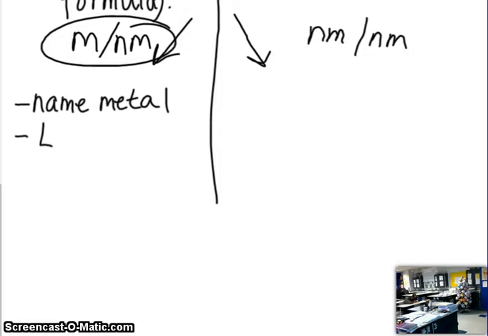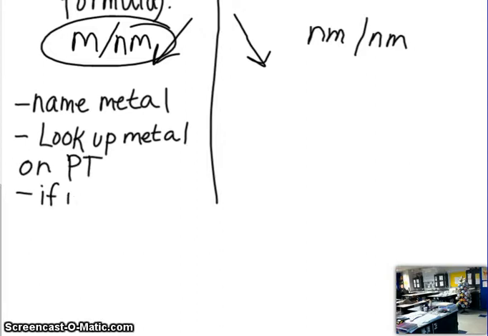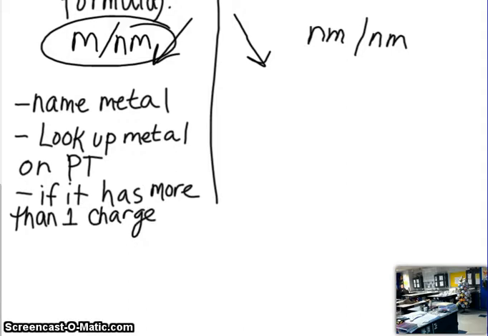Then you will look up the number of oxidation states. You'll look up the metal on the periodic table. If it has more than one oxidation state, or charge in the box, fancy way to say that, you put parentheses after its name.